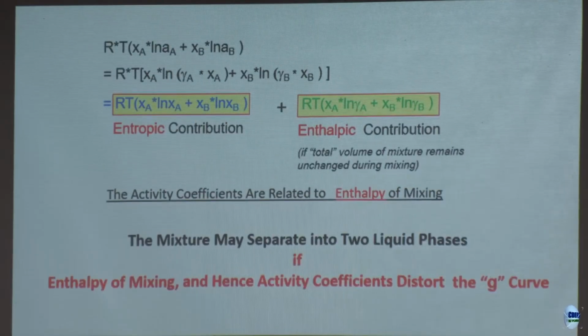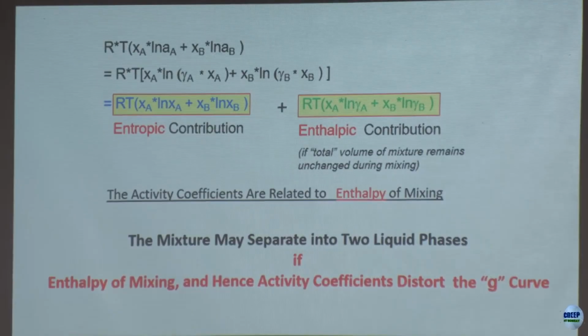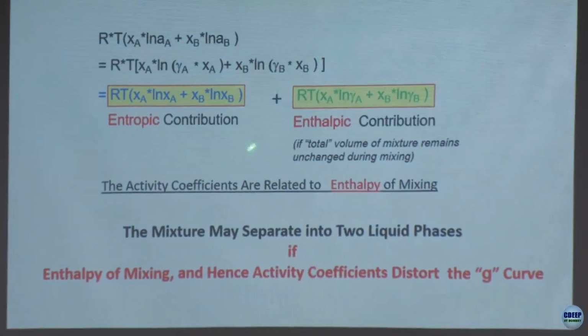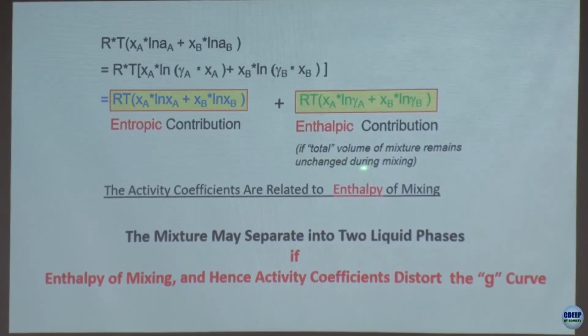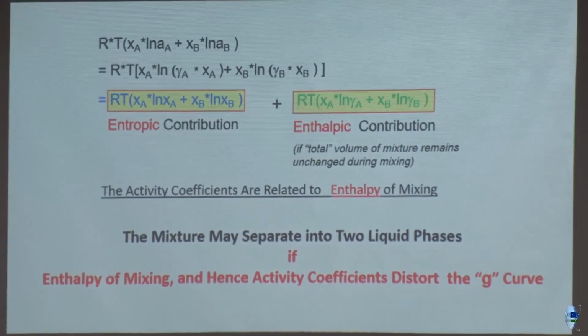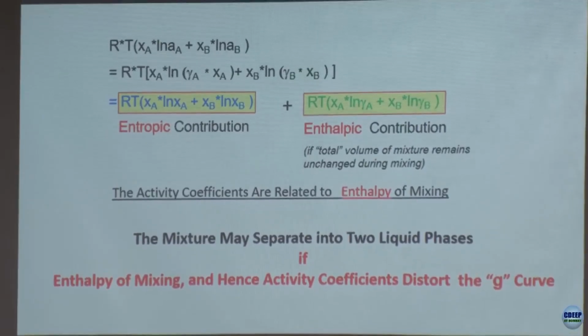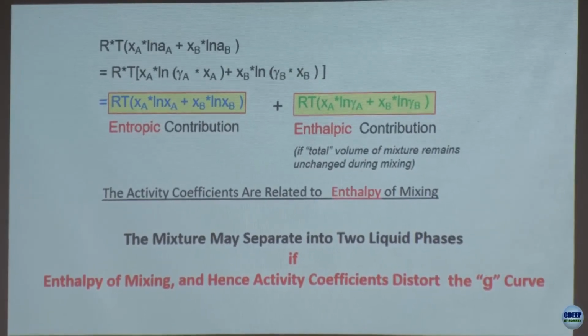In the previous case, there is no enthalpic contribution, because when you take these definitions of G, you find that that particular expression which we had got was only a contribution of entropy, because that was the partial derivative of G with respect to T. So now you have this expression, which is the entropic contribution, and this expression, which is the enthalpic contribution, if total volume of mixture remains unchanged during the mixing, and this entire derivation is at constant temperature and pressure.